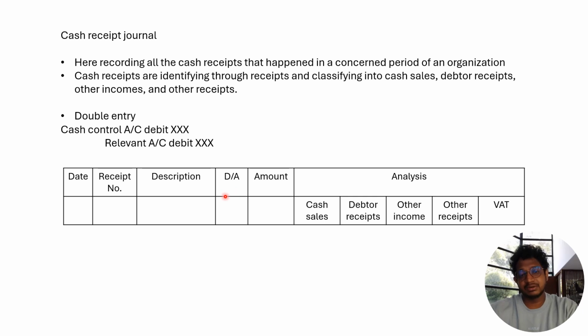Why does discount allowed appear here? Because you are giving a discount allowed when you are accepting cash from the debtors, right? So the same transactions happen at once. That's why there is a discount allowed column in the cash receipt journal. So in the double entry, the cash control account should be debited with the totals of these analysis columns, and then the relevant account is credited.